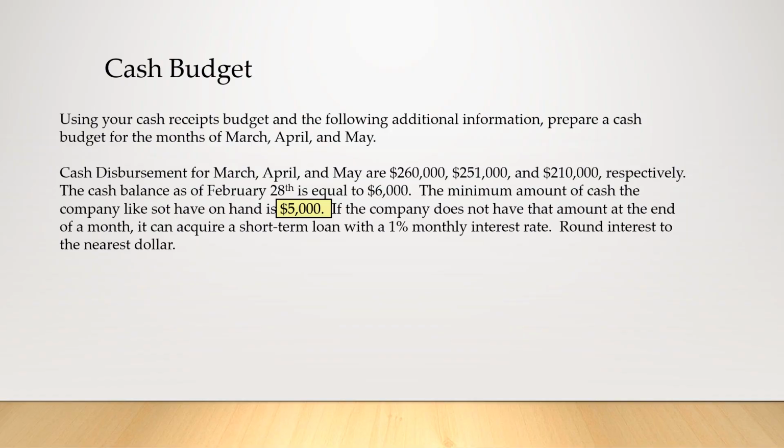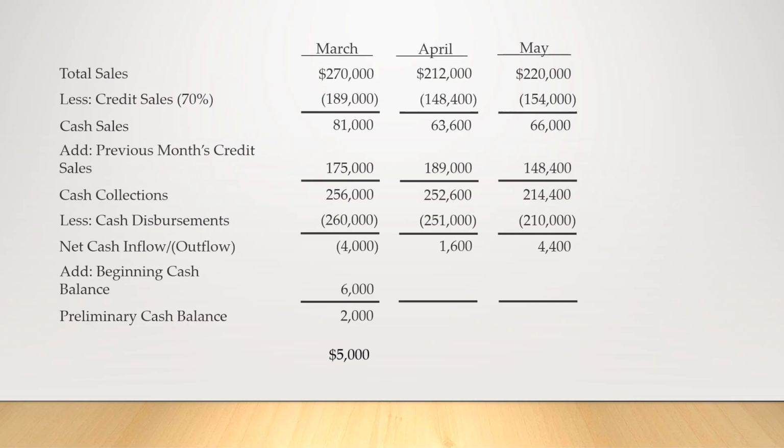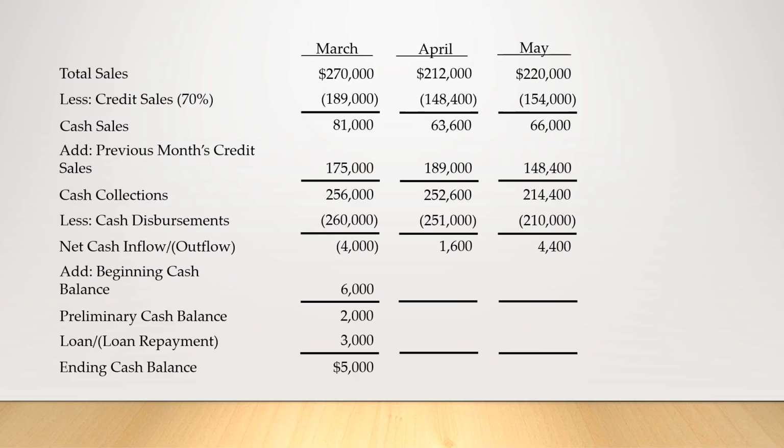Carson Industries has a required minimum cash balance of $5,000, which it can meet with a short-term loan if necessary. We'll add a $3,000 cash loan to the preliminary balance of $2,000 to arrive at the month's ending cash balance of $5,000. That loan, however, has an interest payment associated with it, and that payment is going to adjust the cash disbursements for April and May.